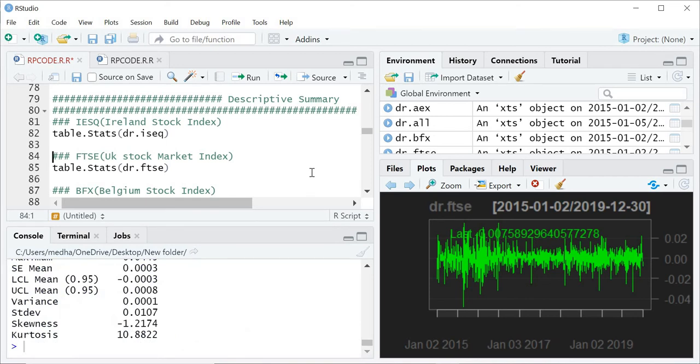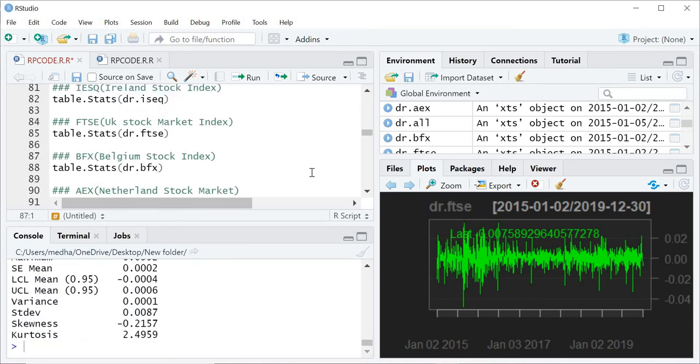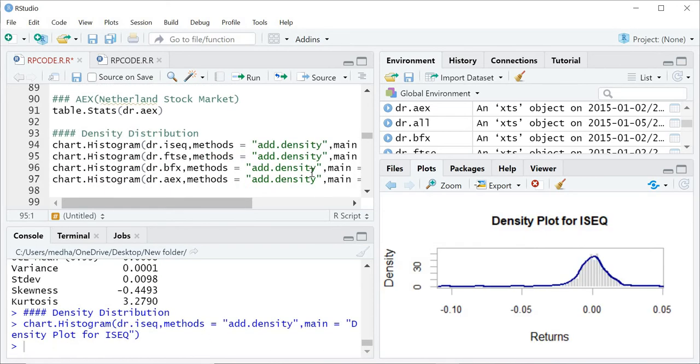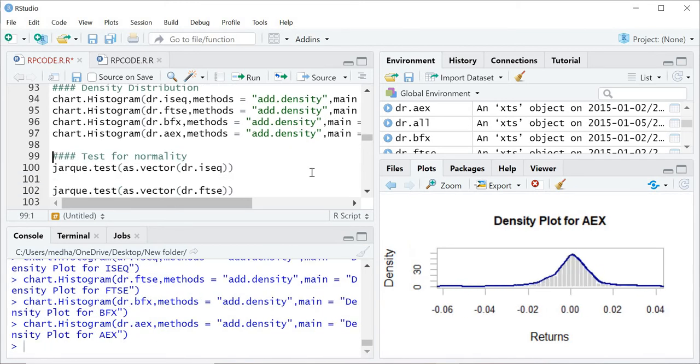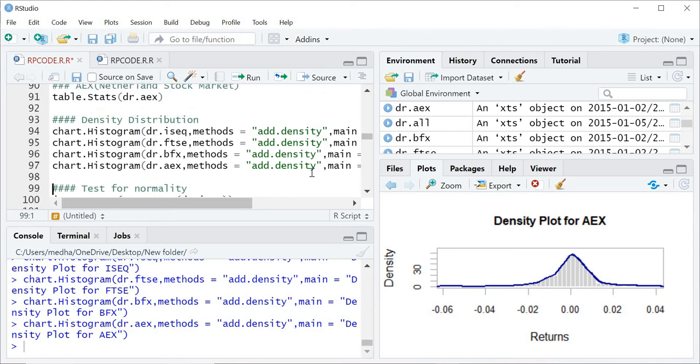Now I'm checking the statistical summary of my data, and plotting a density graph in order to see how the distribution looks, if it's symmetrical or non-symmetrical, or if it follows a normal distribution or not.